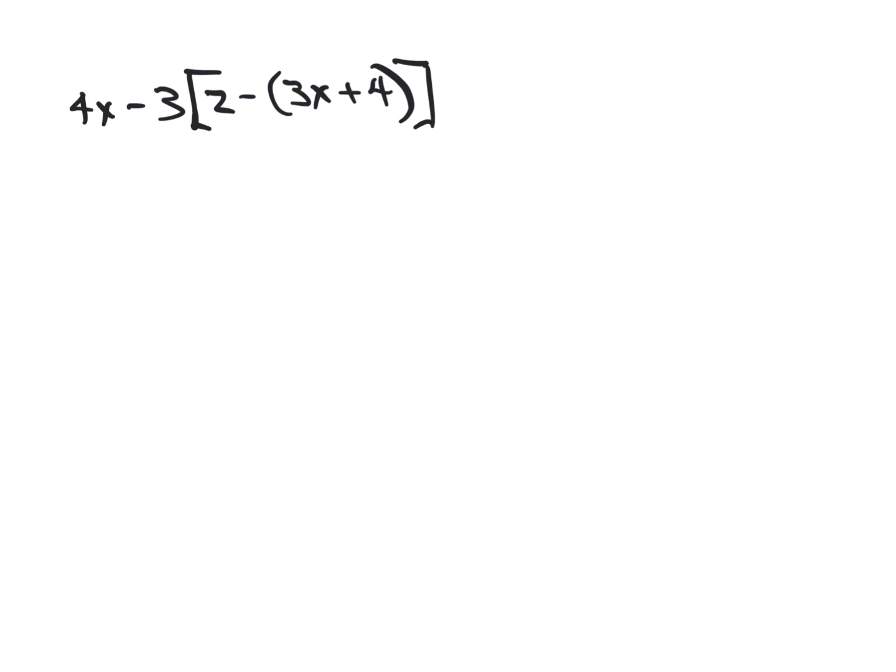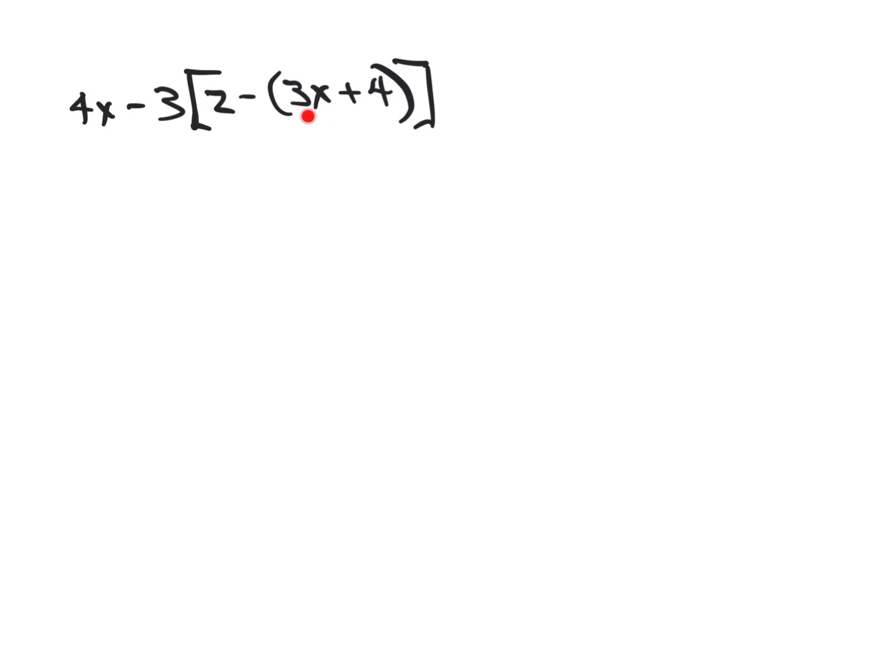All right, so notice what we have here. We have a bracket, and then we have parentheses. So when you're doing PEMDAS, you always do the innermost parentheses first and work your way out, and then you leave the brackets, parentheses, afterwards. They're grouping symbols is what they are.